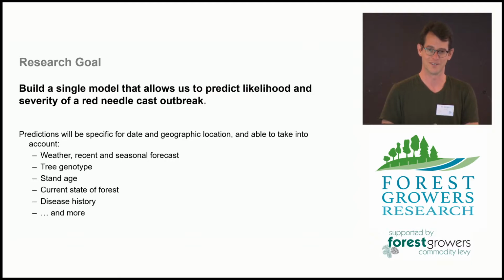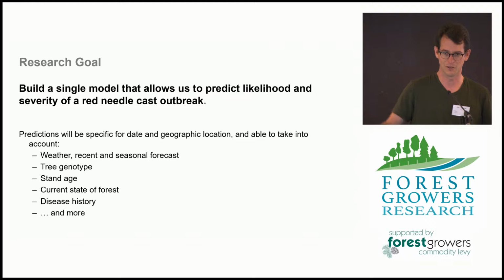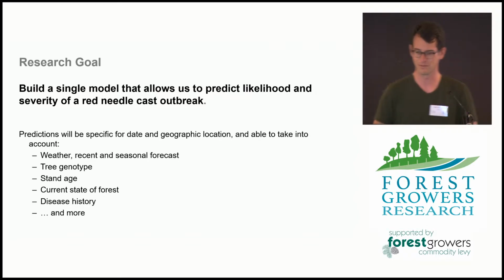You probably know how old your forest is. You may know the current state: is it disease-free or mildly or heavily affected? You may have scraped copper in the past. If you have a single model that does all of that, you can pull that together and then figure out how likely am I to have a disease, and how is that going to develop in the future.